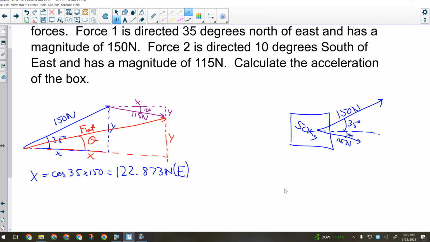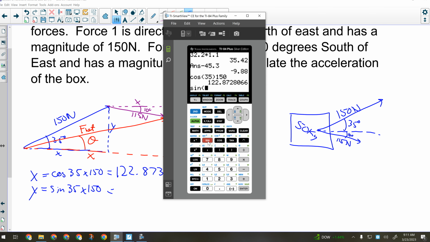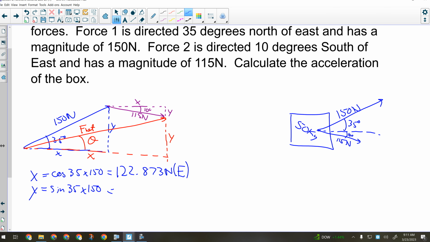east. The Y component for the blue triangle is sine of 35 times 150, so 86.036 newtons north. Then I have to do the same thing for my purple triangle.